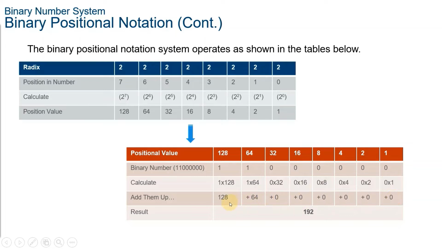Now we just have to add those numbers. 128 plus 64 would yield 192. So therefore, converting 11000000 yields 192. Or simply, we just add all the positional values having a binary 1. 128 plus 64 yields 192.